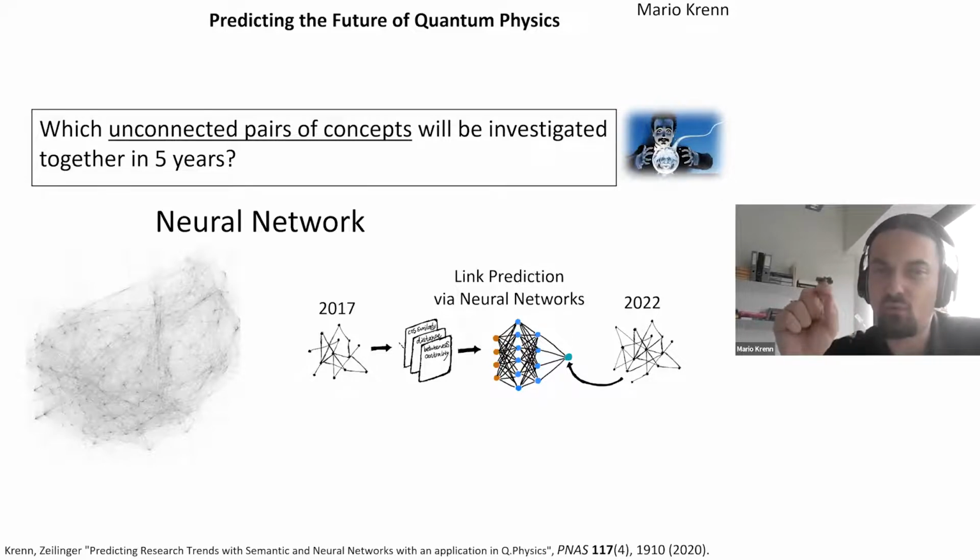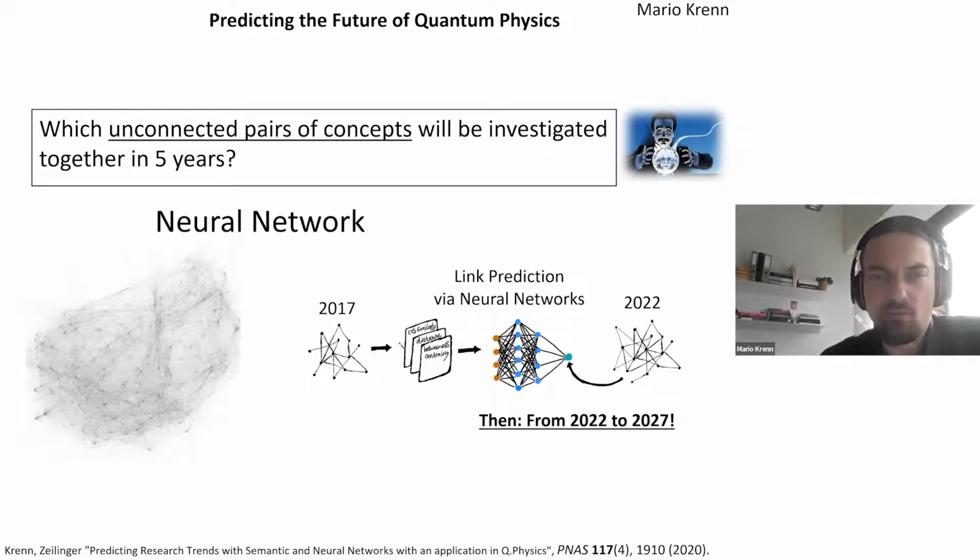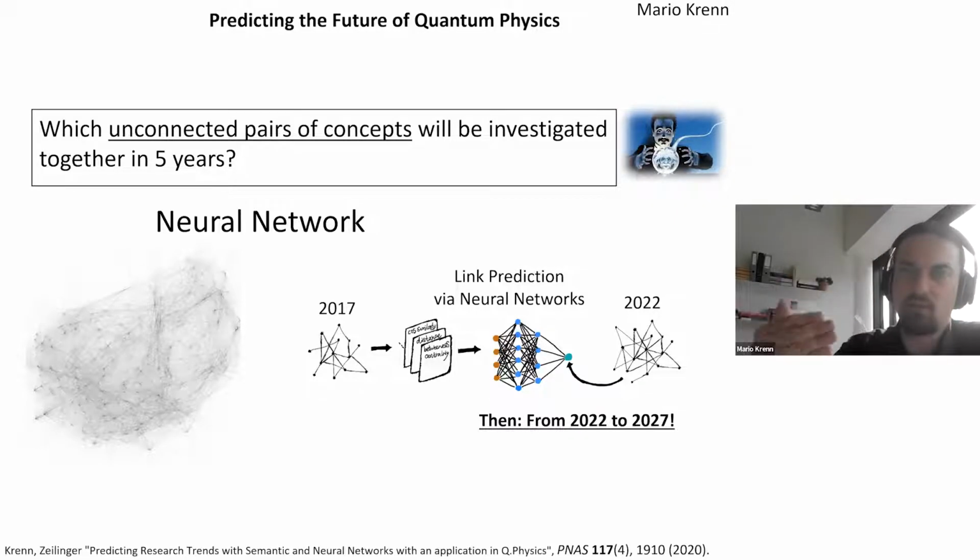And for 2022, we have the result. So we have a supervision signal, so we can supervise this training process. So in the end, we have a neural network that can predict 5 years into the future. Afterwards, we can, of course, use the data of 2022 to predict what scientists will work on until 2027 that they haven't worked on so far.